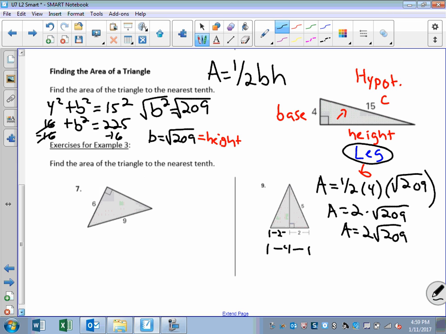But you're going to need 2 to find the height. So you're going to use 2 to find h. You're going to have 2 squared plus b squared equals 5 squared. And you're going to need to solve for h, or for b, the other leg. So h and b are the same thing.